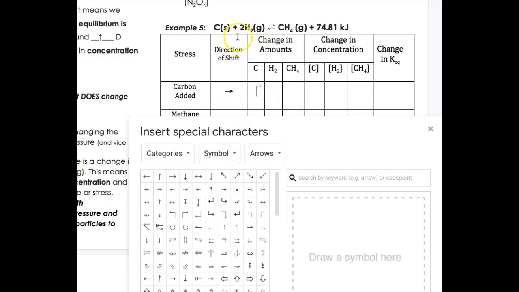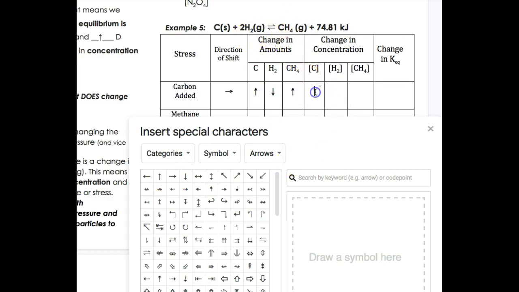If it shifts to the right, then we're going to have less of this. But remember, carbon is something we initially added. So we're actually going to have a little bit more than what we started with, because that's what we added. And because it's shifting to the right, we're going to have less of this and more methane.